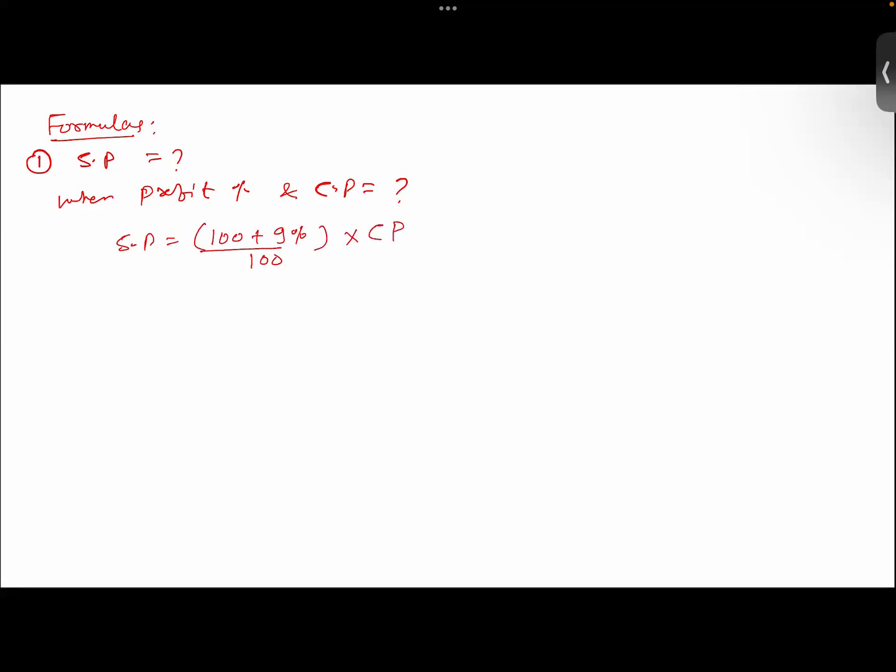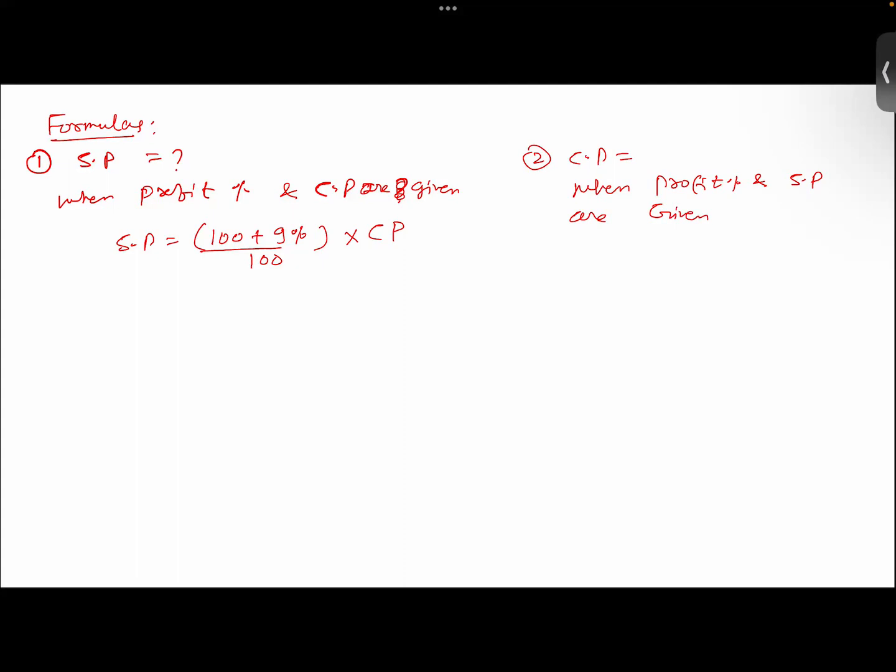Now, Ahmed, how do you find cost price when profit percent and selling price are given?